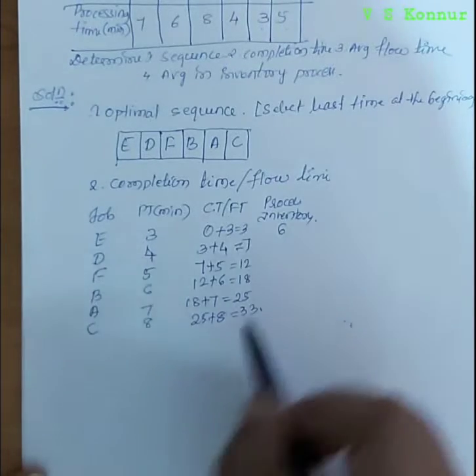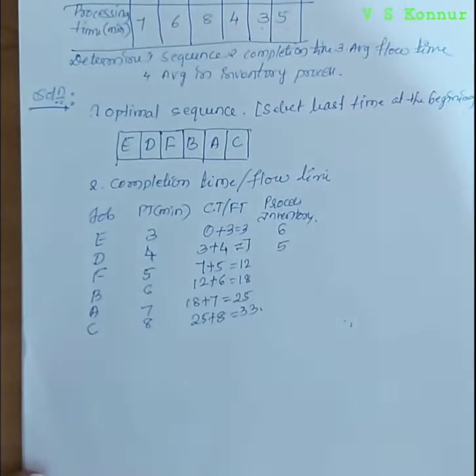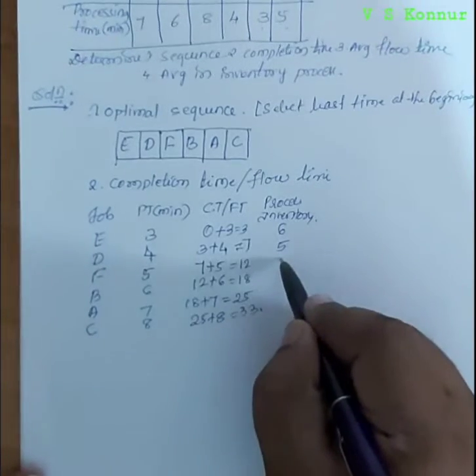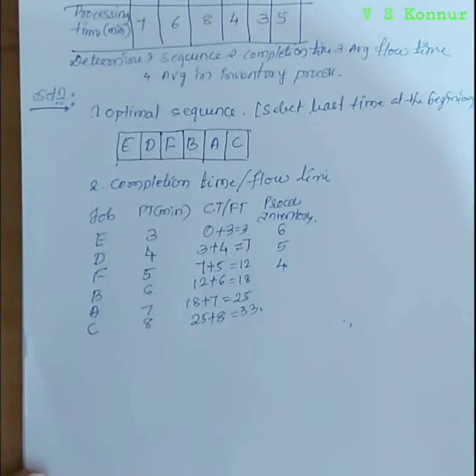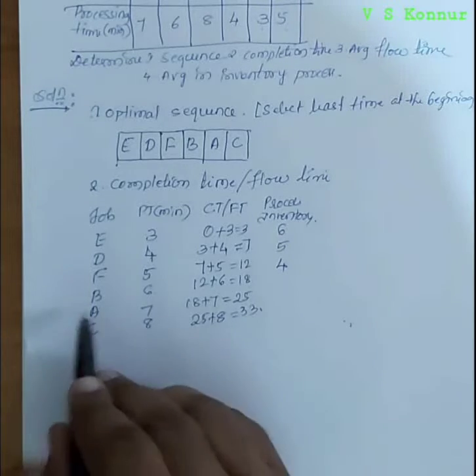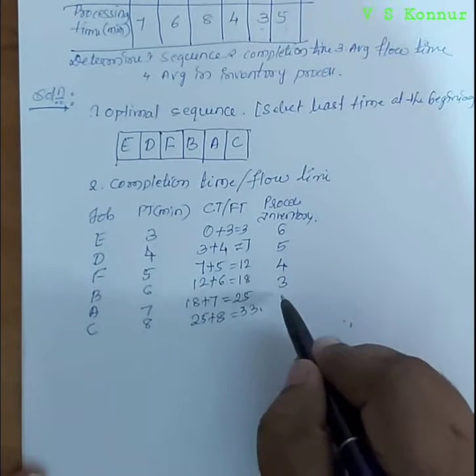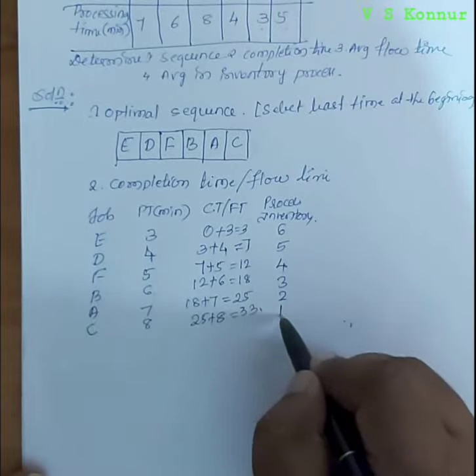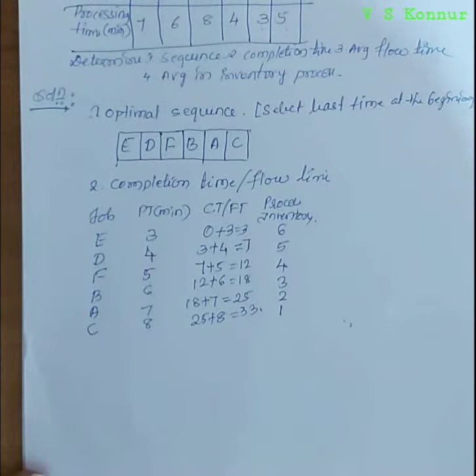When D is entering, 1 job is processing, the other 5 are not under processing. Next, when F is entering, 4 jobs are not under processing. When B enters, 3, when A enters, 2, when C enters, 1 job is not under processing. So this is the process inventory.